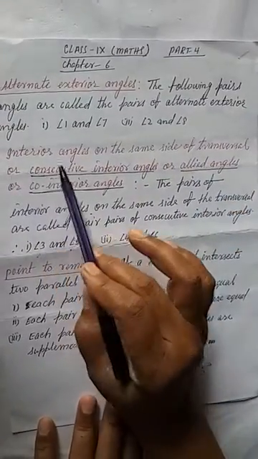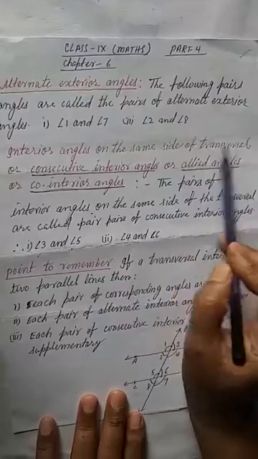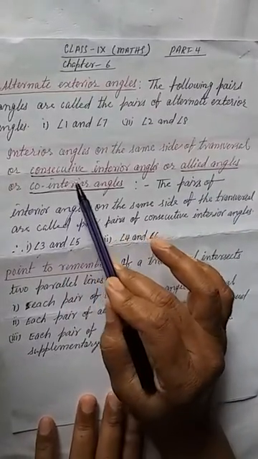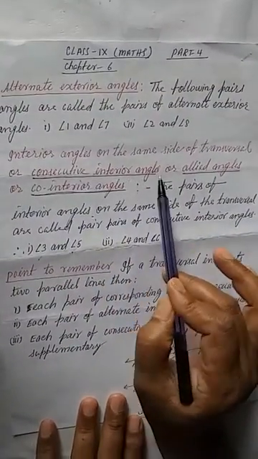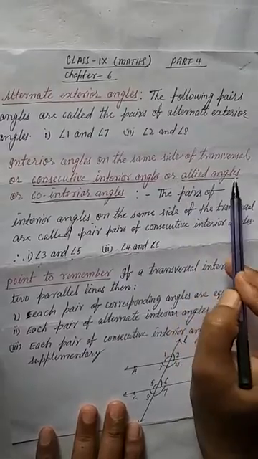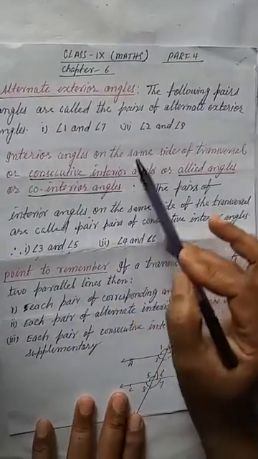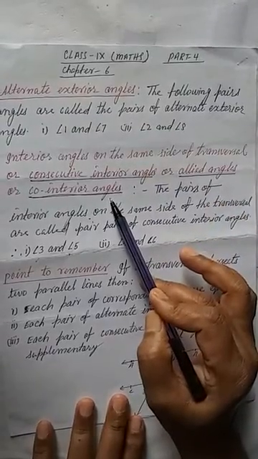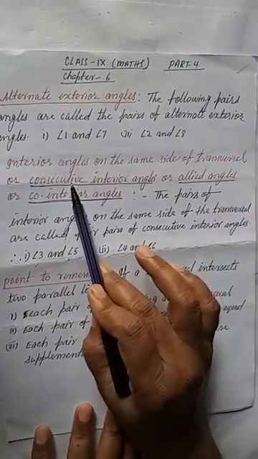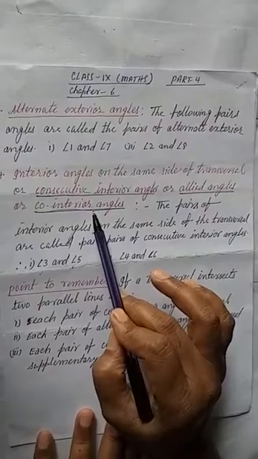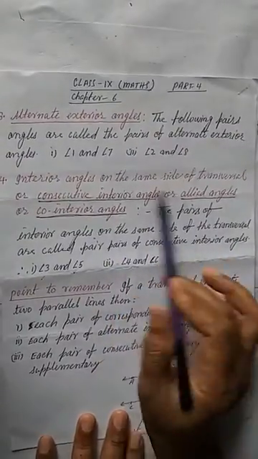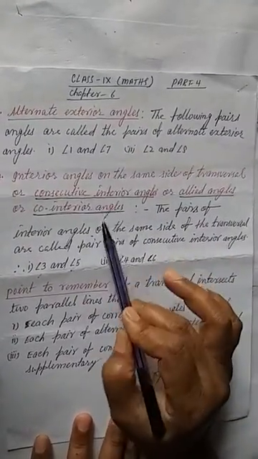Now fourth is interior angles on the same side of the transversal, or consecutive interior angles, or allied angles, or co-interior angles. This is also a most important point. So how many names? 1, 2 and 3. We have to keep these three names in mind, because all are the same.